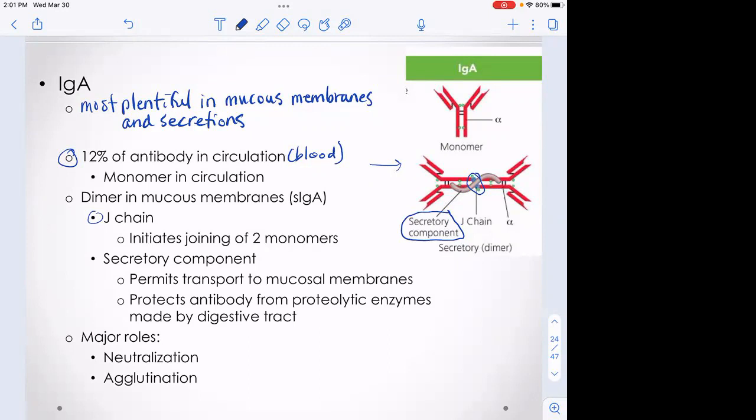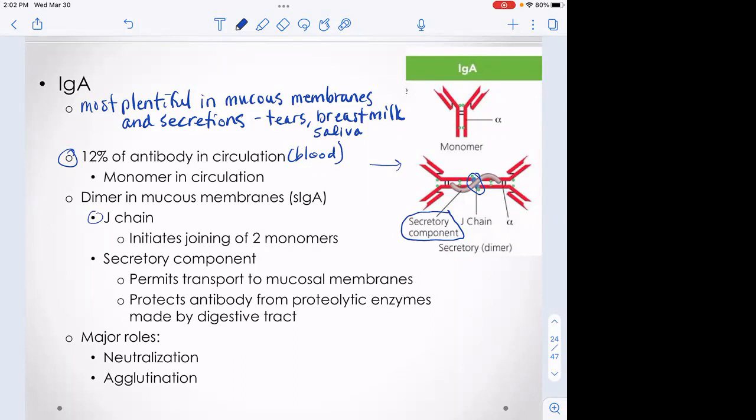Okay, so what kind of bodily secretions? I didn't define that very well. Things like tears, breast milk, saliva. Okay, so this is the kind of antibody that new mothers that are breastfeeding will pass on to their baby.